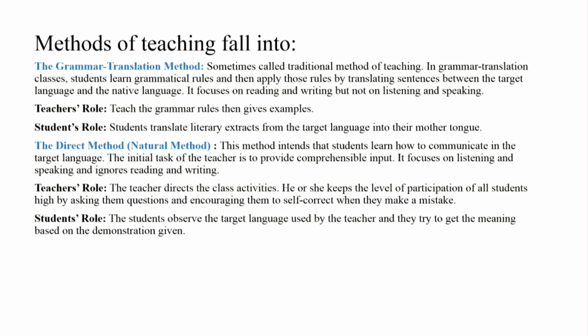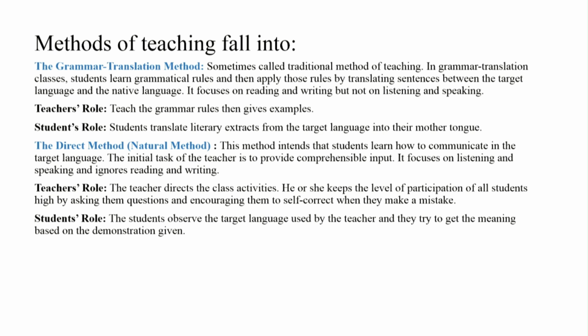So this method is quite the opposite of the first one. The grammar translation method, if you remember, focuses on reading and writing but not listening or speaking. The direct method is quite the opposite: it focuses on listening and speaking, and it ignores reading and writing.